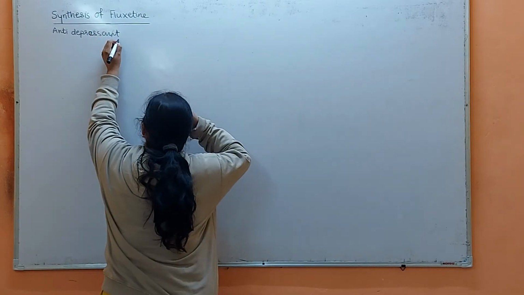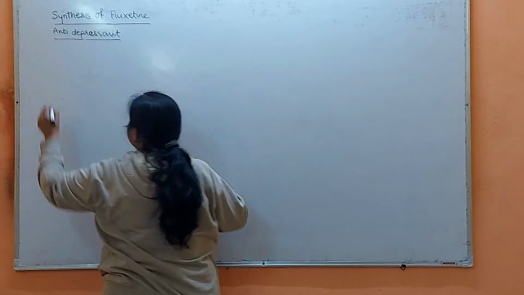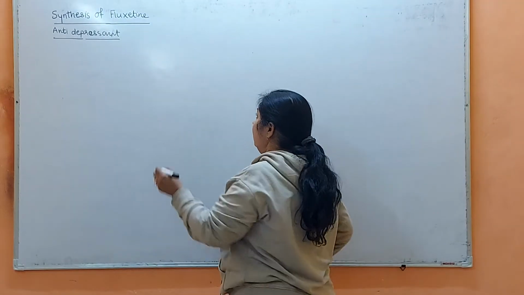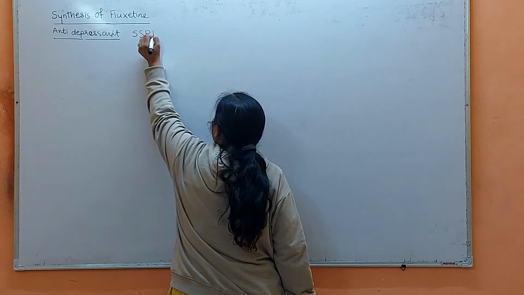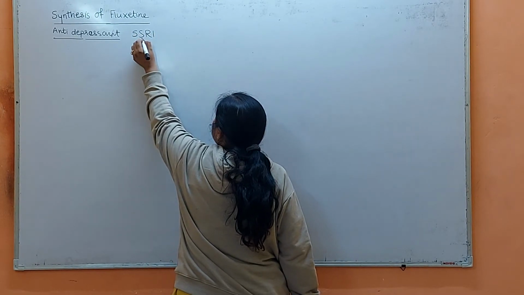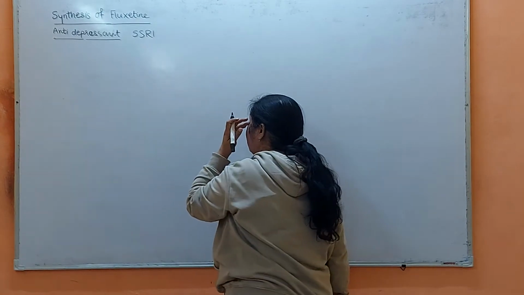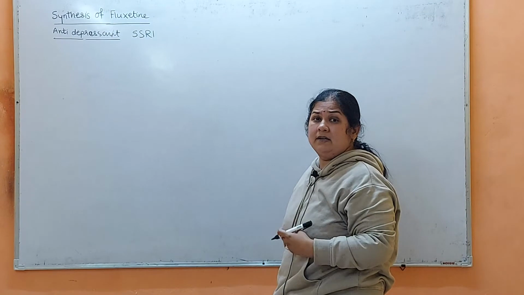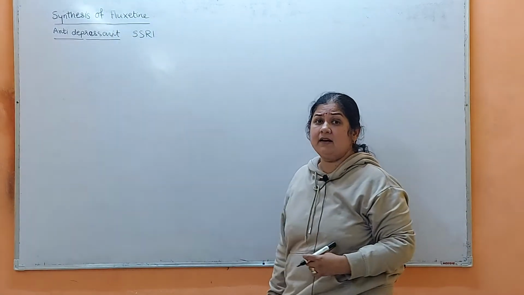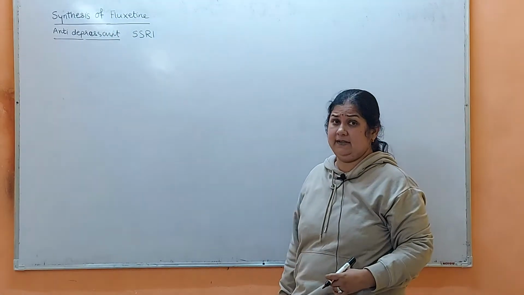Antidepressant means it is used against depression, and it is known as an SSRI. It is generally a serotonin reuptake inhibitor. It is used as that. Alright, now we will begin with the synthesis of fluoxetine.